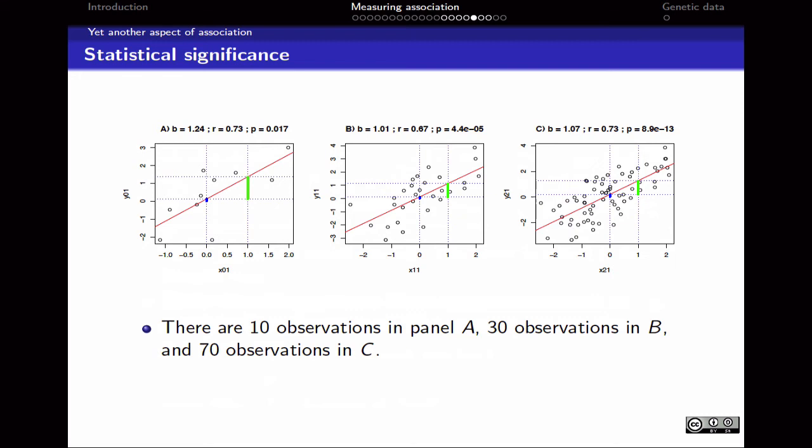For panel B, where we have 3 times more observations, the p-value becomes 4 times 10 to the power of minus 5, and for panel C it becomes really, incredibly significant, with a p-value close to 10 to the minus 12.